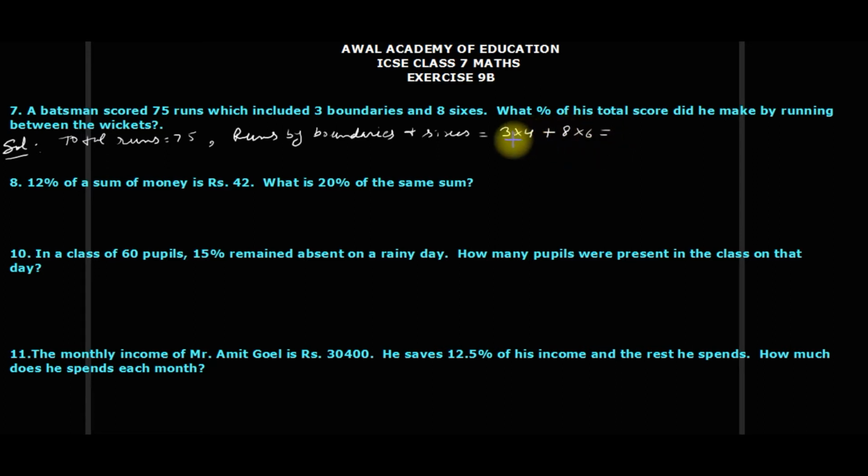How many? This has come 3 fours are 12. 8 sixes are 48. Total has contributed 60 runs by boundaries and sixes.